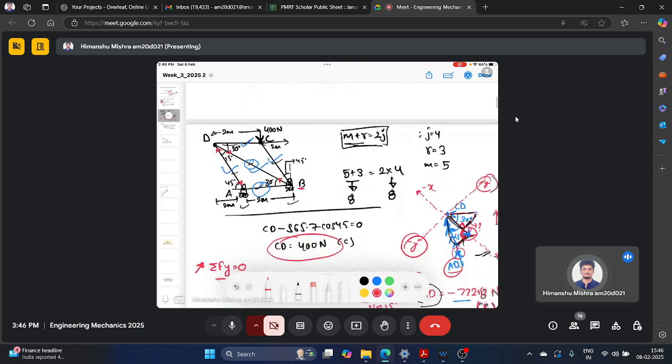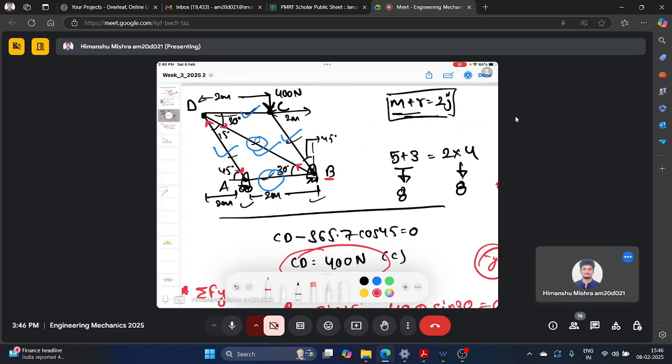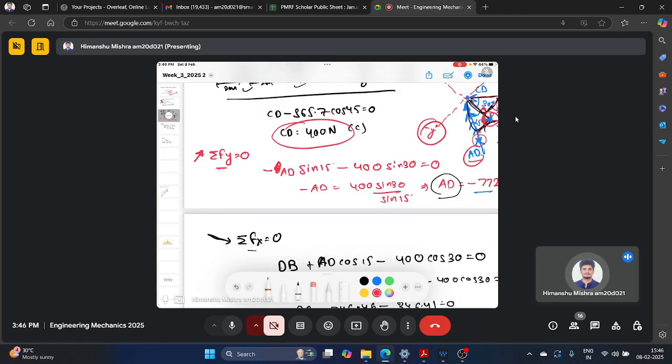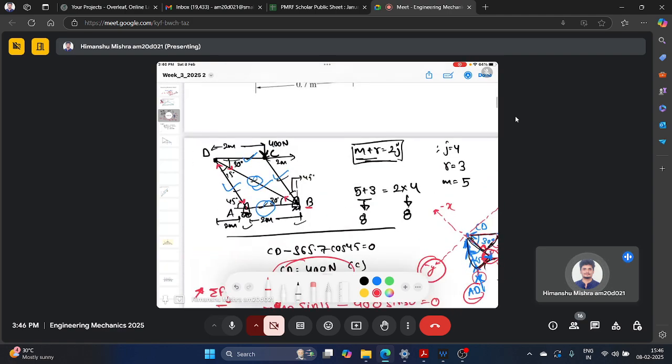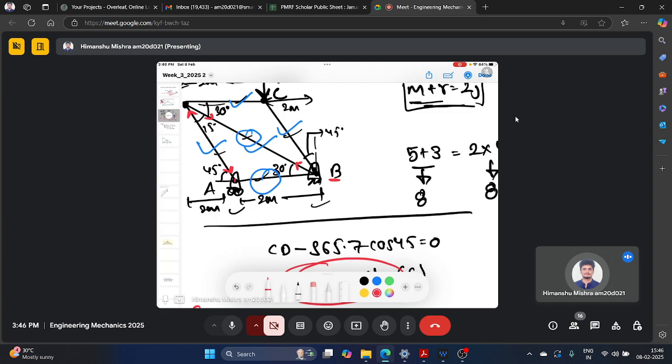So since we consider joint A, the direction of force in member AD will be towards the joint. So that definition where we are assigning the direction, like towards the joint is compressive and away from the joint is tensile, that definition helps to assign the direction when we consider another joint. So first you have to assume the direction. When you don't know the forces in the members, you need to assume the direction.